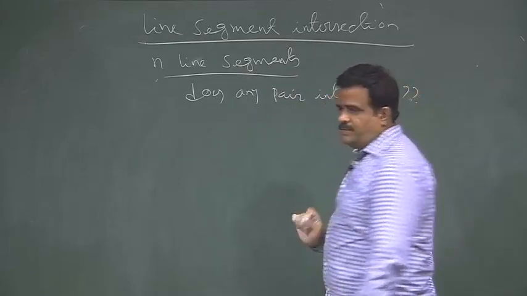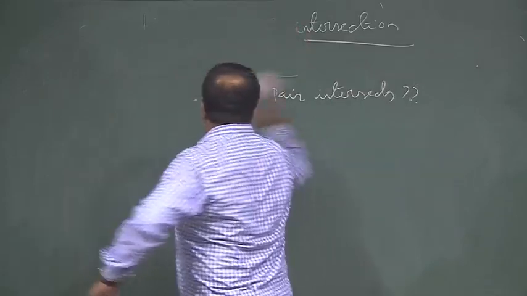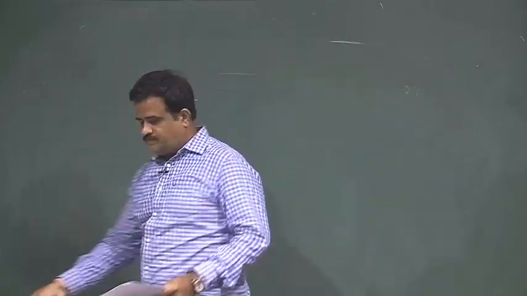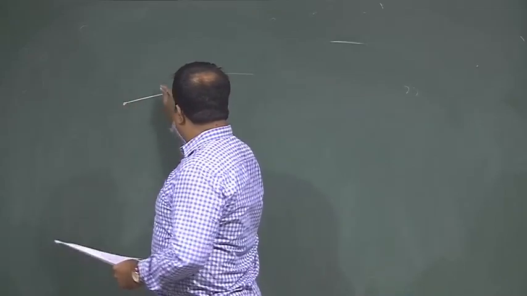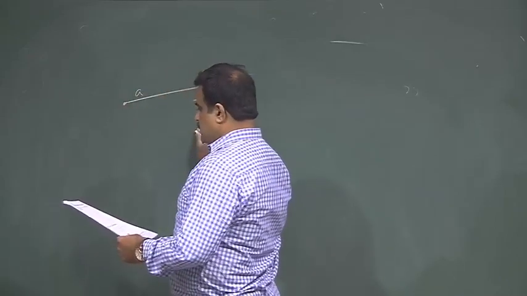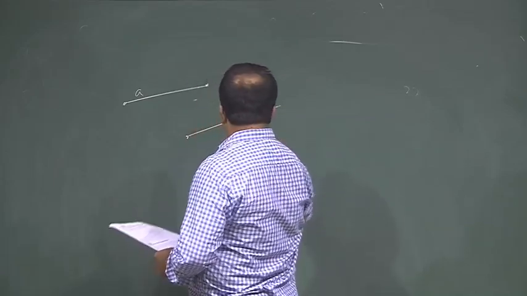That is the problem. For example, suppose we have a line segment A, and a line like this, with A, B, C, D, this is a line segment, not a line.